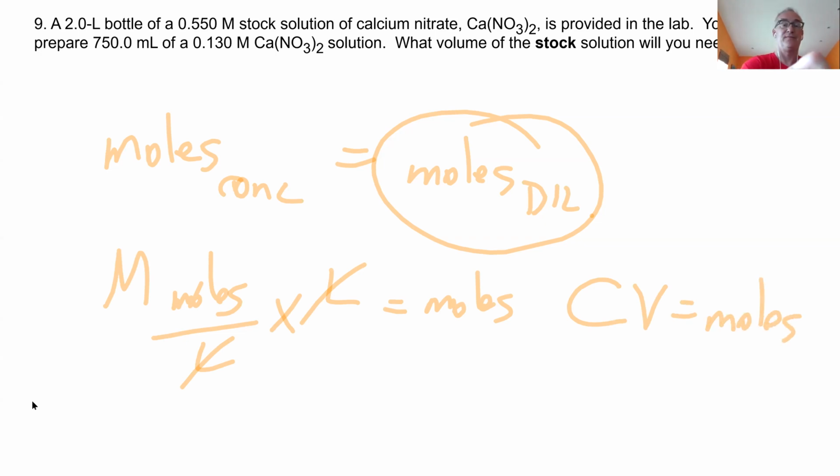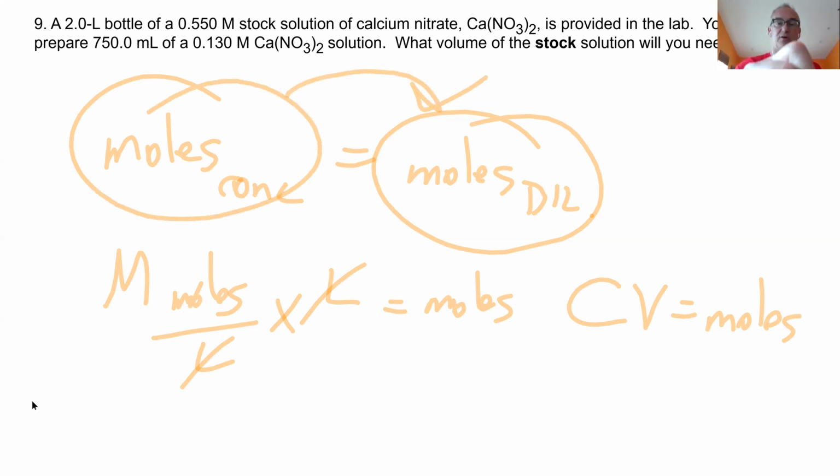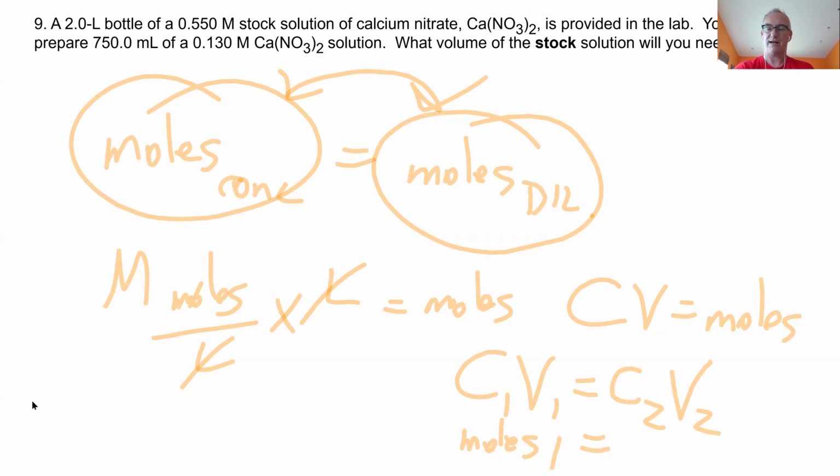So since my moles here also equals my moles there, the concentration of my first solution times the volume of the first solution has to equal the concentration of my second solution times the volume of my second solution, because the number of moles from 1 is going to equal the number of moles from 2.